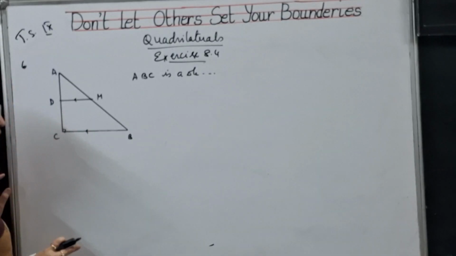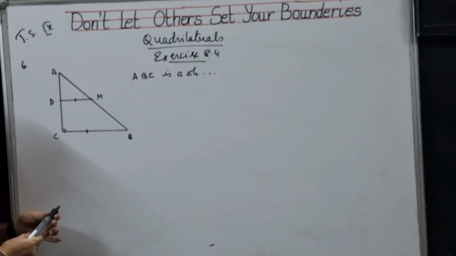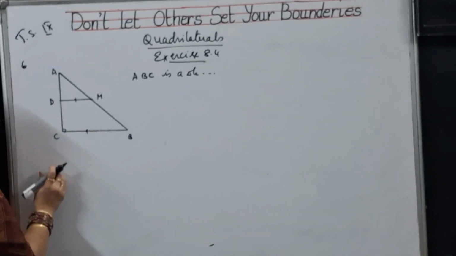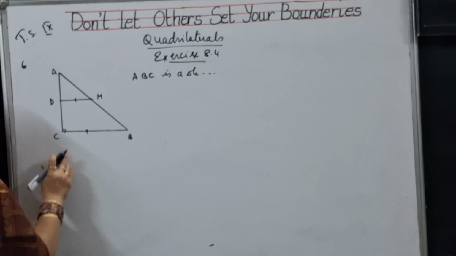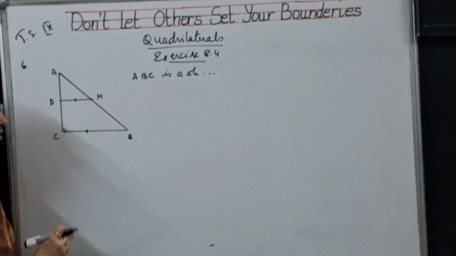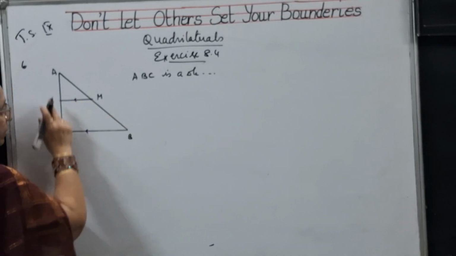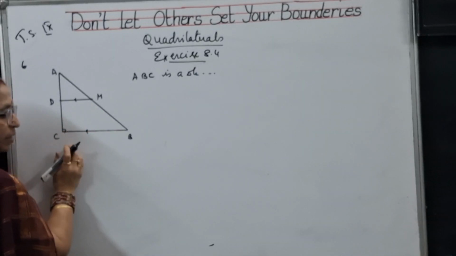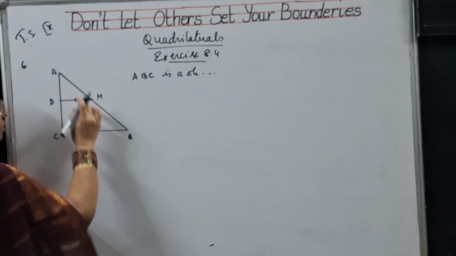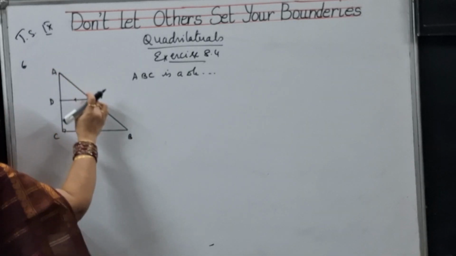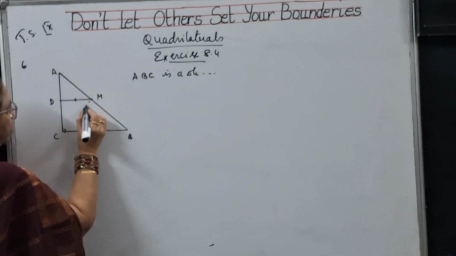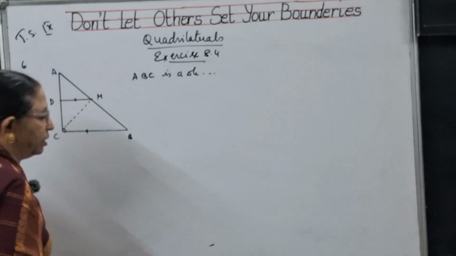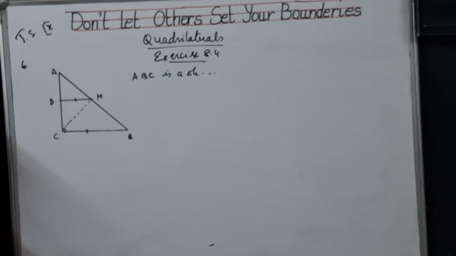This is the hypotenuse, this is the midpoint. It intersects AC at D. You need to show that D is the midpoint of AC, and MD is perpendicular to AC, as well as CM is equal to MA. This is CM. CM is equal to MA, that is half of AB, we have to prove.